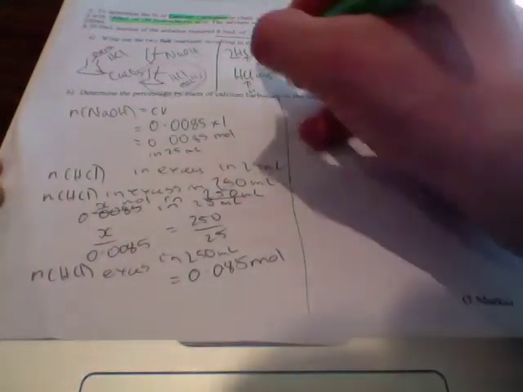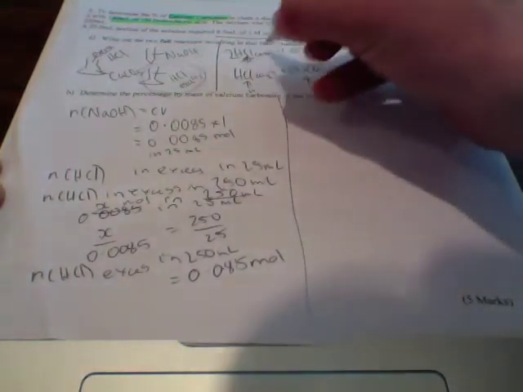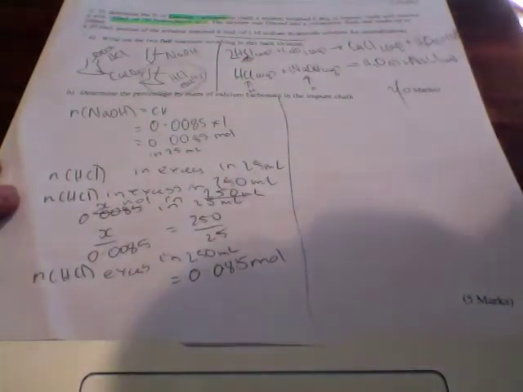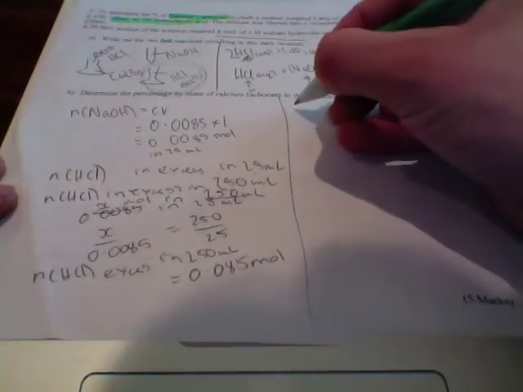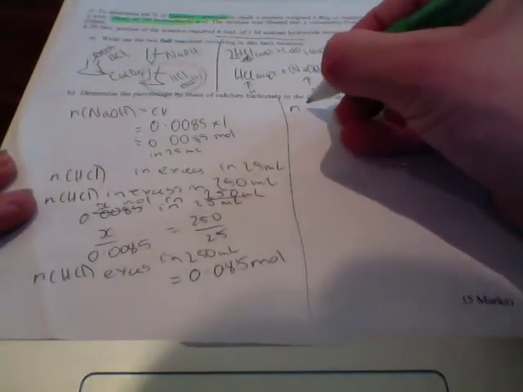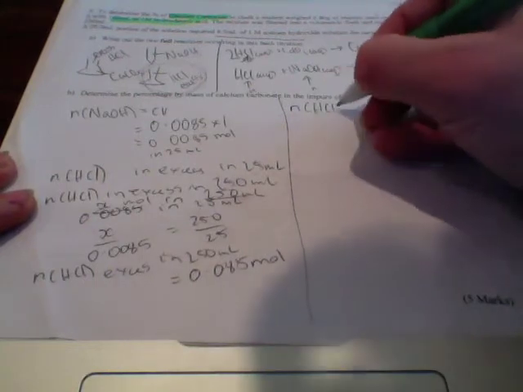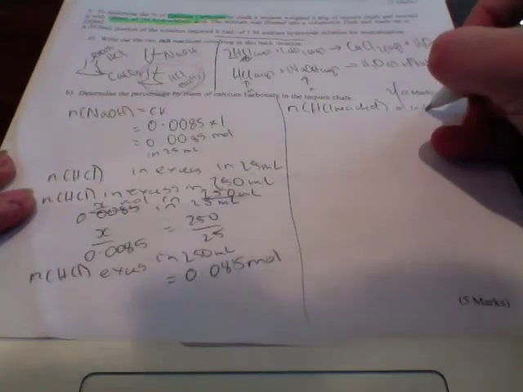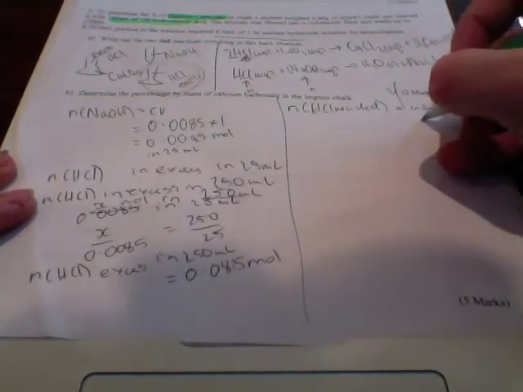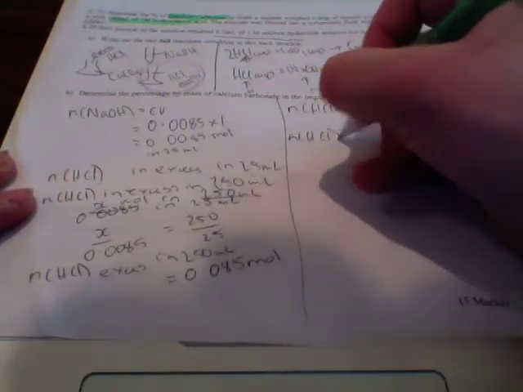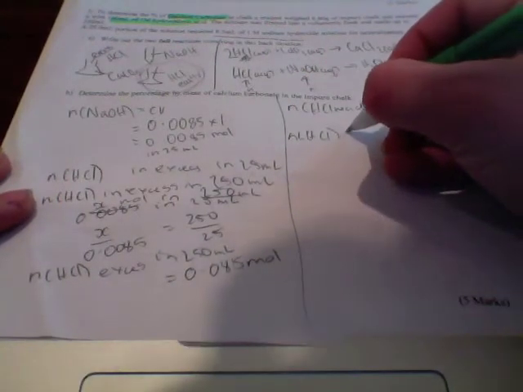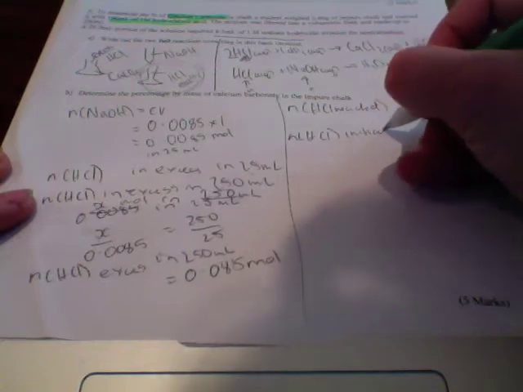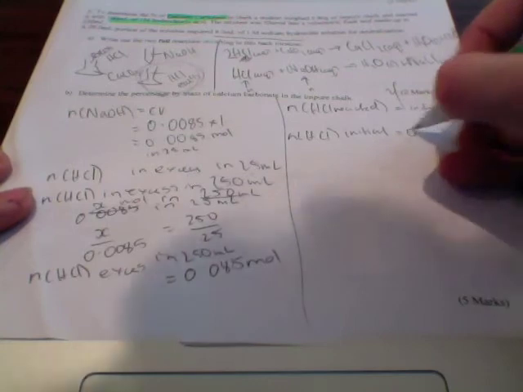So we have the mole that was left over. All we have to do to find out how much HCl reacted equals initial minus excess. So how can we work out the moles of the initial? We've got it here, 100 mls of 1 molar.